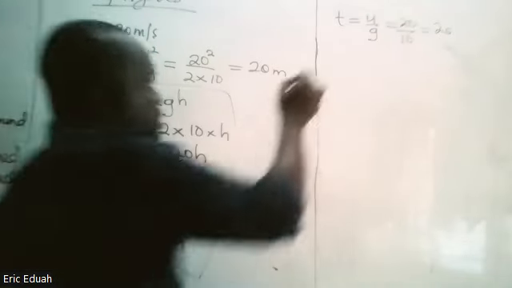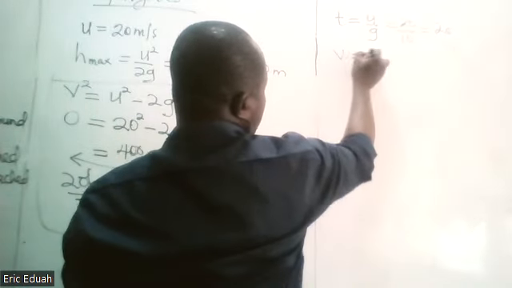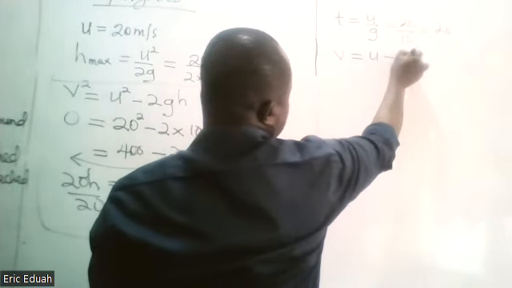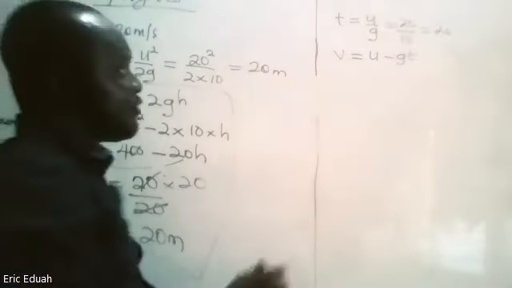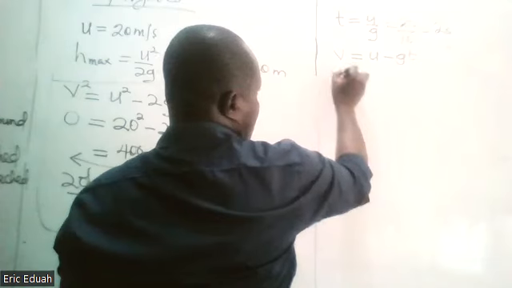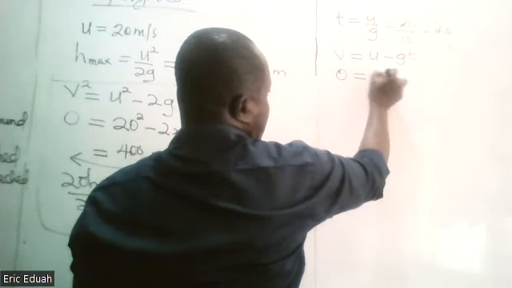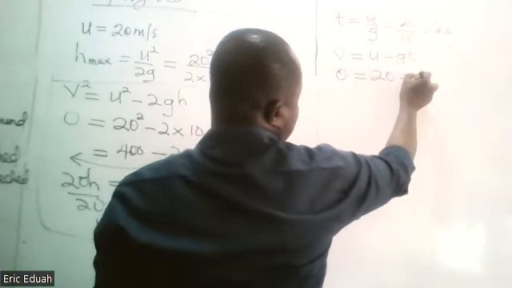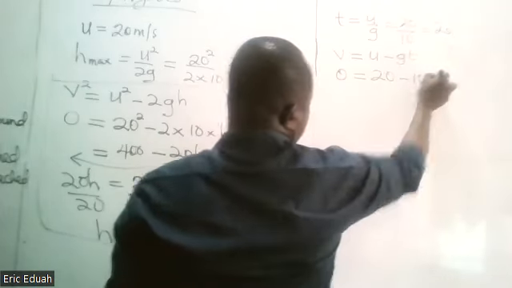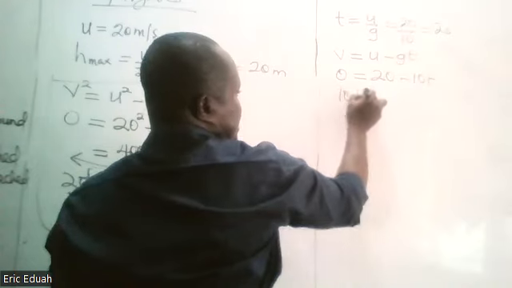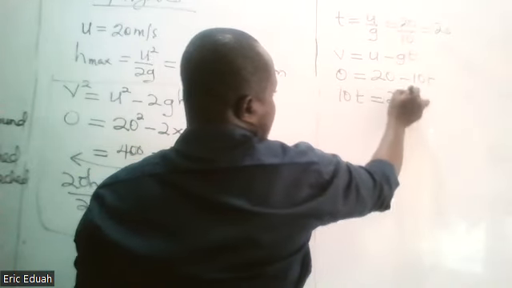I can also use the first equation, v is equal to u minus gt. When the body gets to the maximum height, final velocity is 0. Initial velocity is 20 minus gravity, acceleration due to gravity, 10t. So I have 10t is equal to 20.